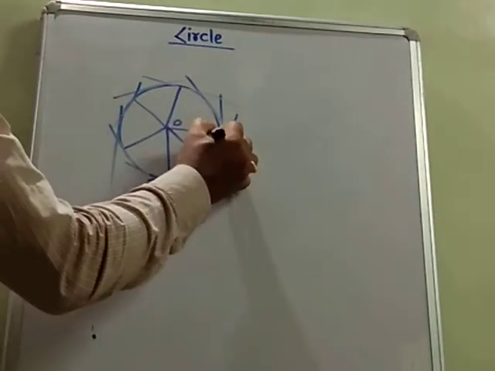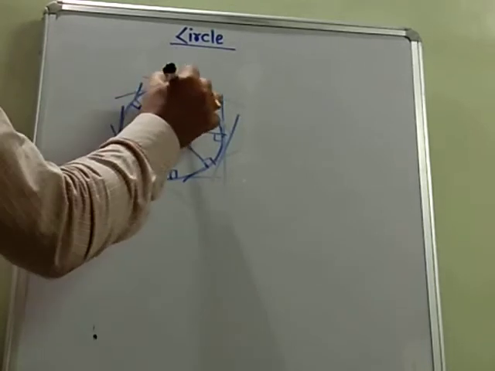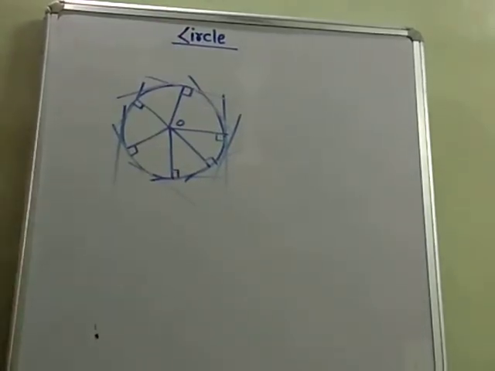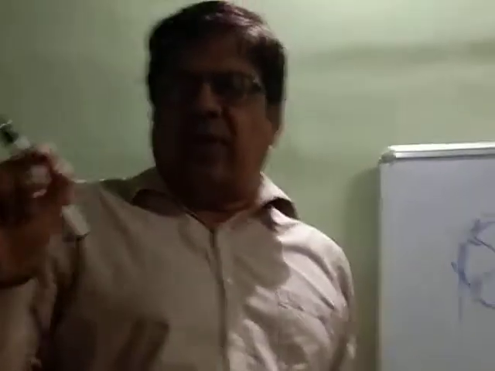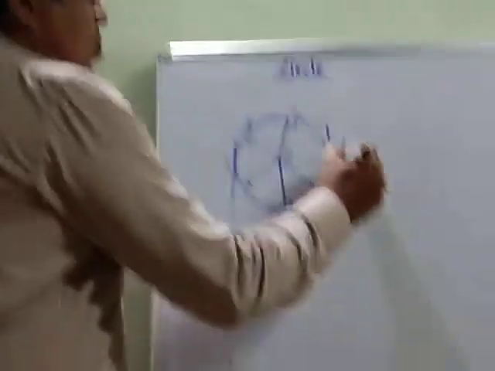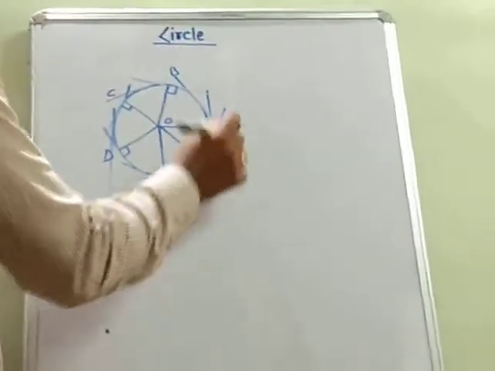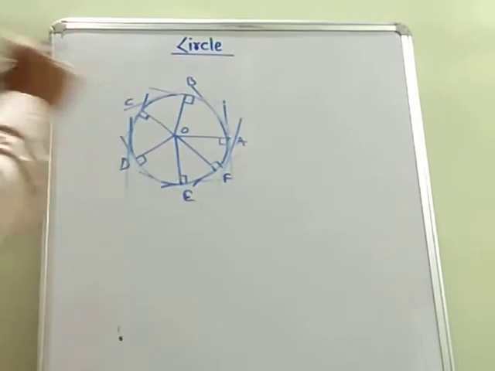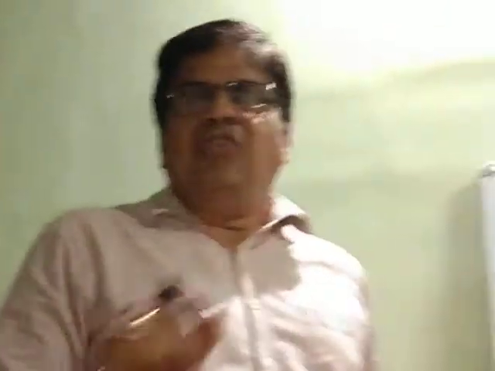This property is called the tangent theorem. Here the radii are named A, B, C, D, E, F. OA, OB, OC, OD, OE, OF are all radii. When we draw a tangent, it is perpendicular to its radius. This property is called the tangent theorem.